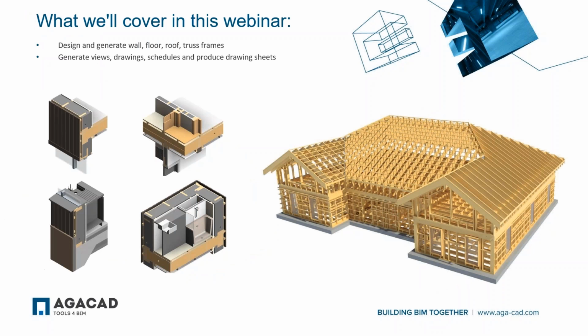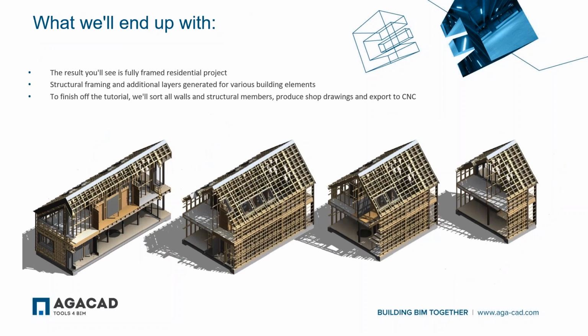What we're going to cover in this webinar: I'm going to look at a residential typology where I'm going to try to frame most of the building, hopefully, if we don't run out of time. I'm going to show you a couple of features within our wood framing suite, and generally give you an idea of what to expect and the capability of our software.